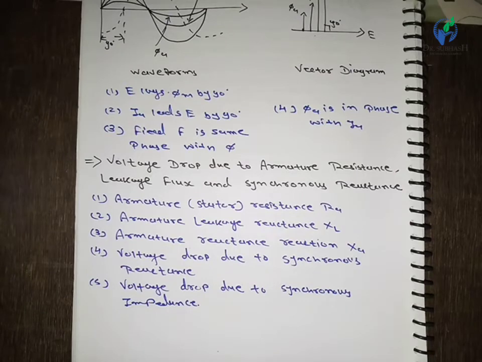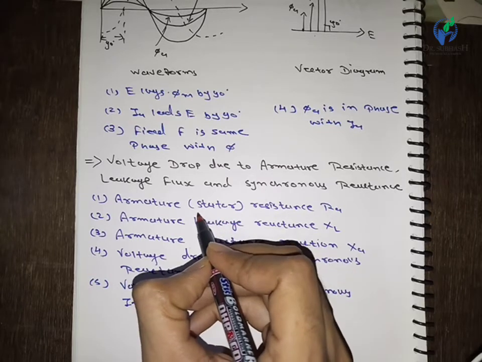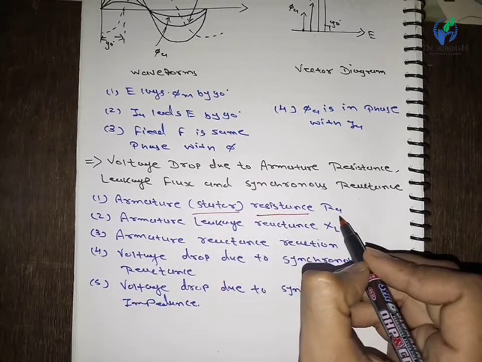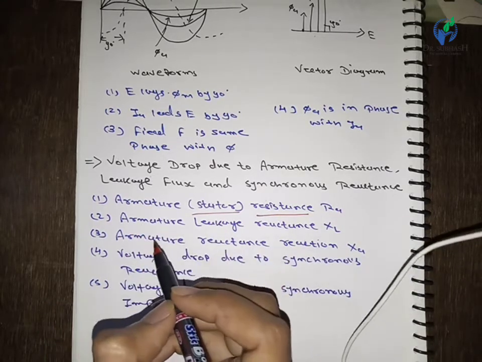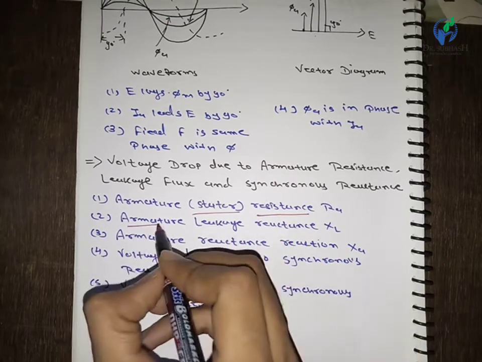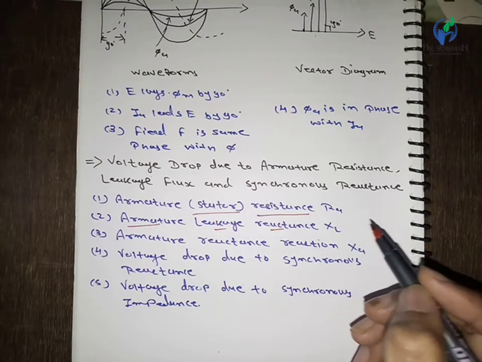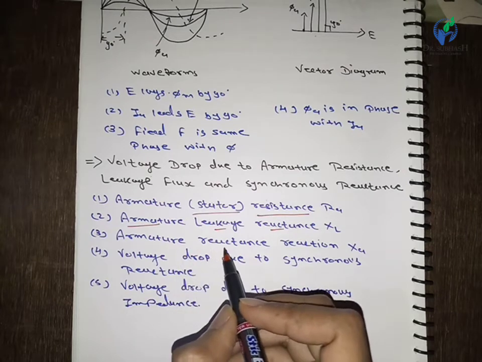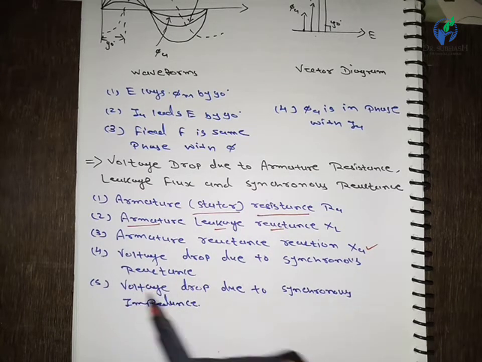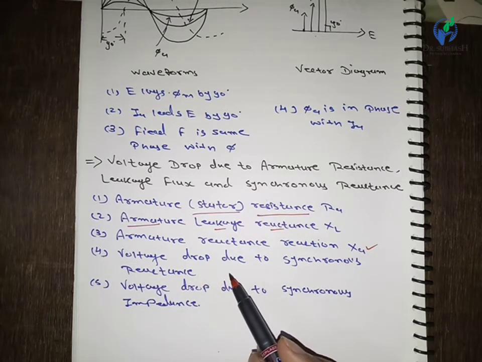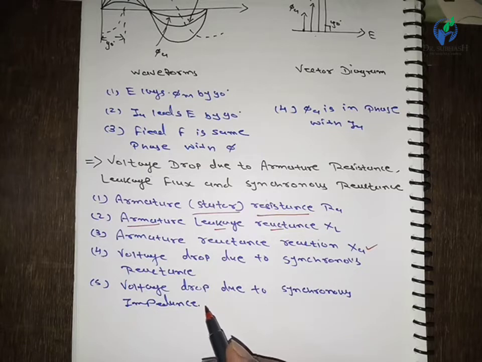The first is armature resistance, also known as stator resistance, represented as Ra. The second is armature leakage reactance, represented as XL. The third is armature reaction, represented as XA. The fourth is voltage drop due to the synchronous reactance, and the fifth is voltage drop due to the synchronous impedance.